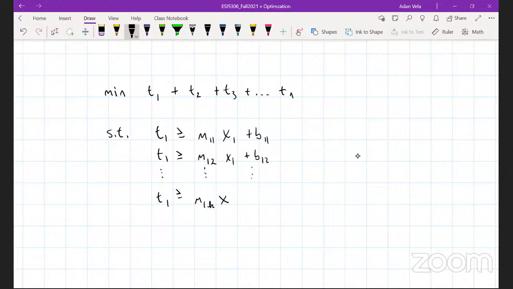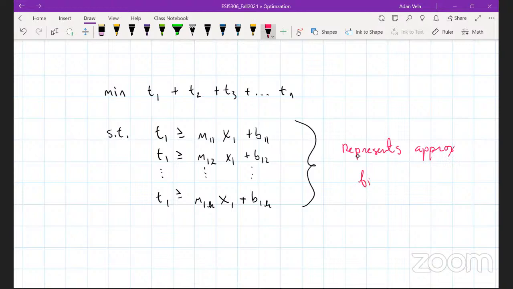For this particular formulation, I'm going to assume that we have k tangent lines for each separable function. Okay. So this set of equations represents the approximation for our first separable function in terms of x1.